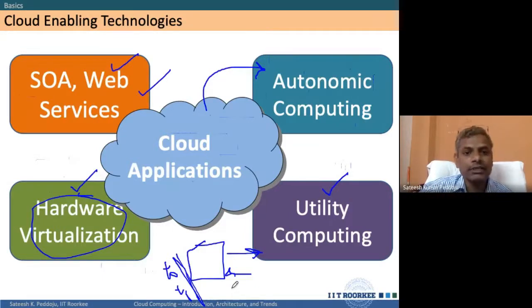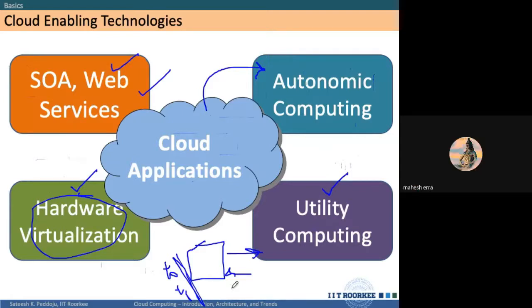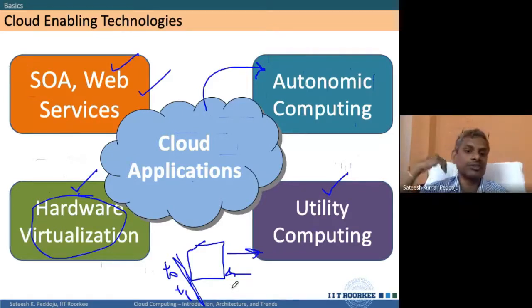You have a computing meter which measures what resources you are using, for how long, and in what volumes. Based on that measurement, if required, you will be charged. That's the job taken care of by utility computing.